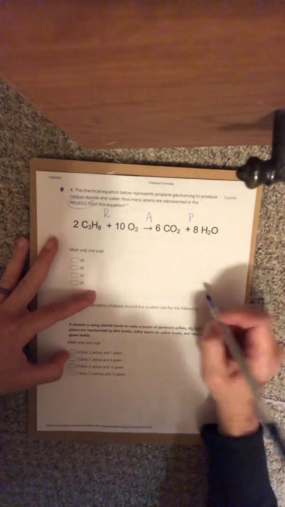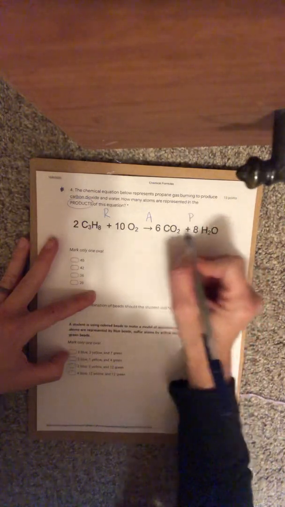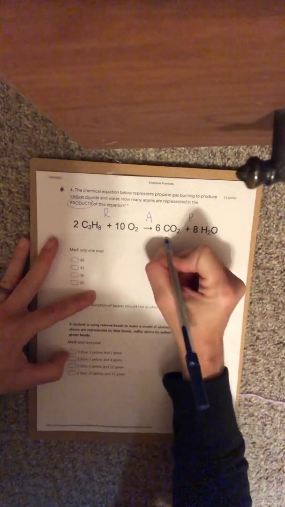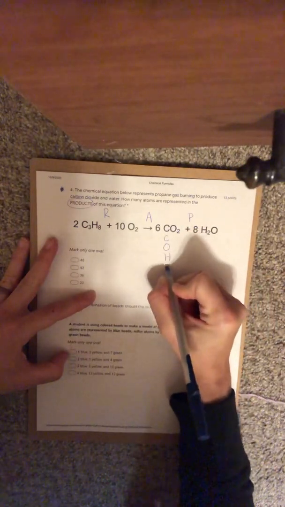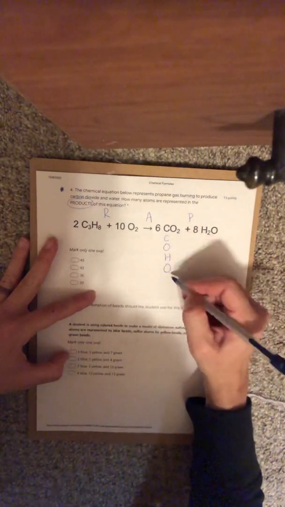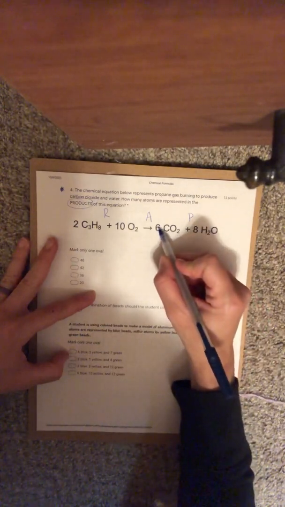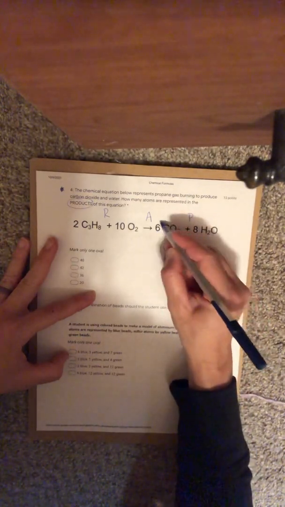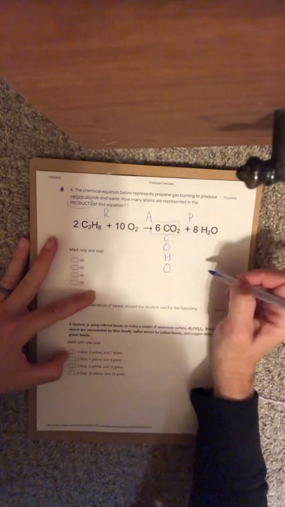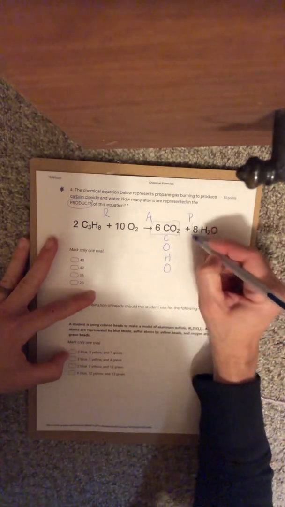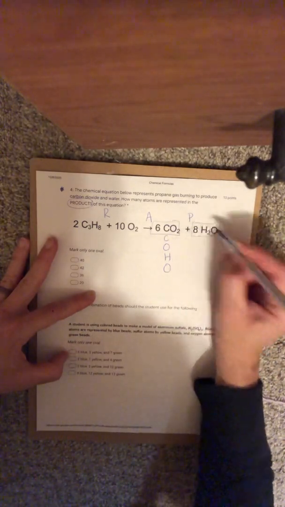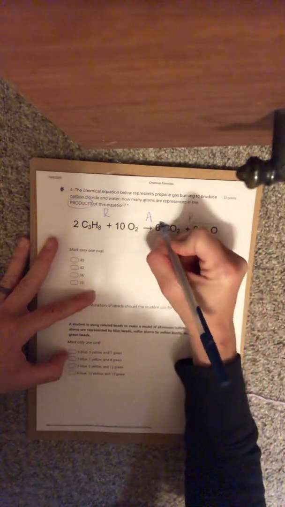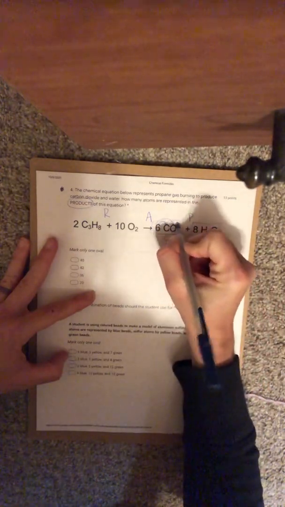Then I'm going to count my atoms in the products. So I have C, O, H, and O. I have to use this coefficient for all of the CO2, and I have to use this coefficient for all of the H2O. It means I'm going to distribute.